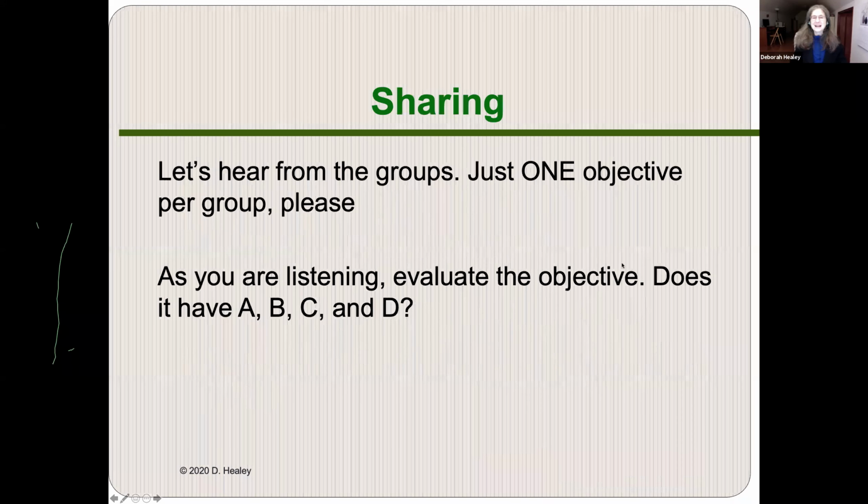So we've been looking at all of these, thinking about A, B, C, and D. And again, you can choose with your own students to just say what they will do rather than saying the students will. You could say you will, but you definitely want to have the behavior and the degree in there.